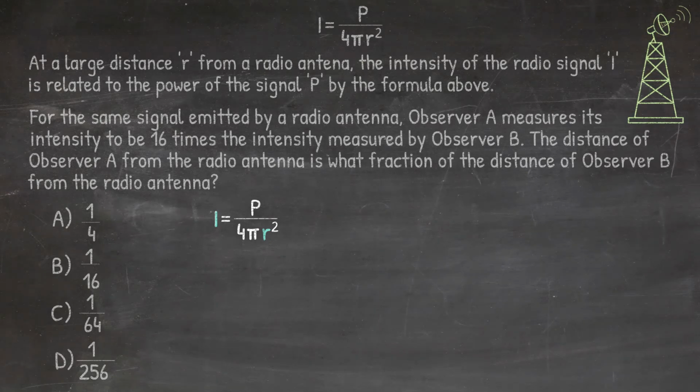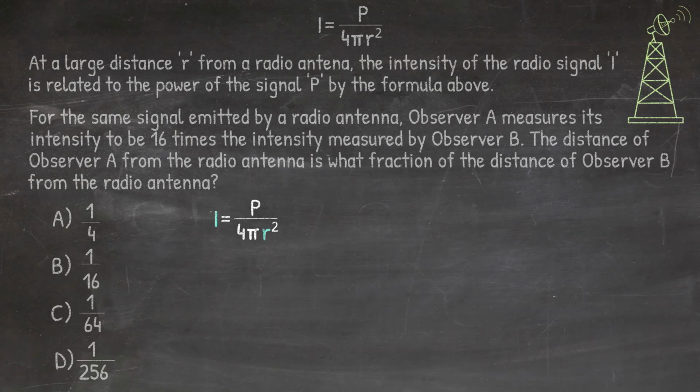And if r squared and the difference in signal strength is 16, then we could predict that r would equal 4 in this case. Scanning the answer choices we would find 1 over 4, and that would be a lazy and intuitive way to solve this problem. But we wouldn't have the same level of confidence in this. But sometimes when facing time pressure, that may be one approach you would choose to pursue.